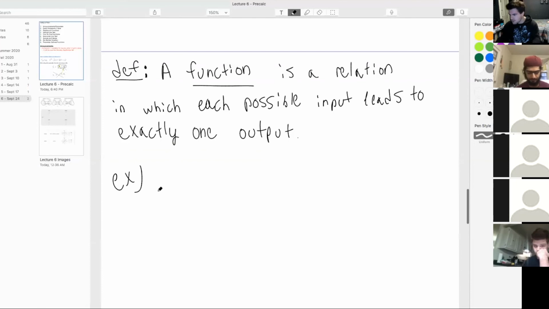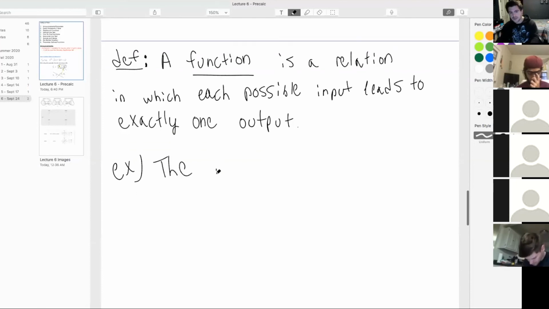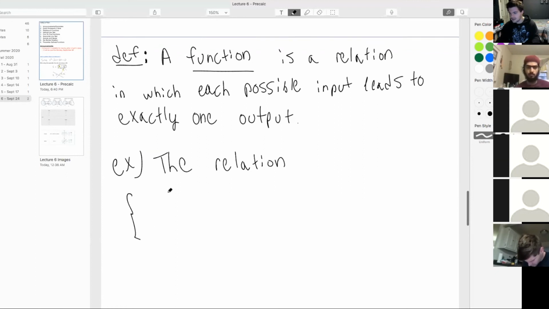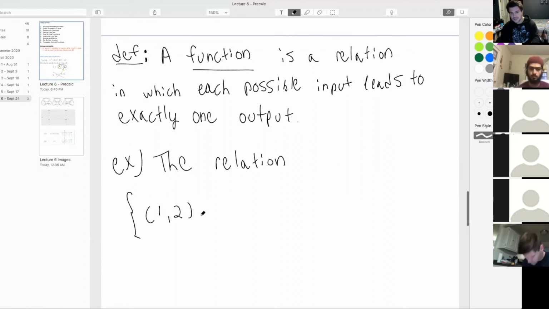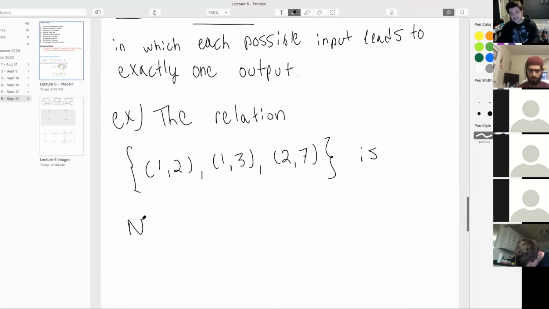So let's see this example, the relation (1, 2), (1, 3), (2, 7) is not a function.